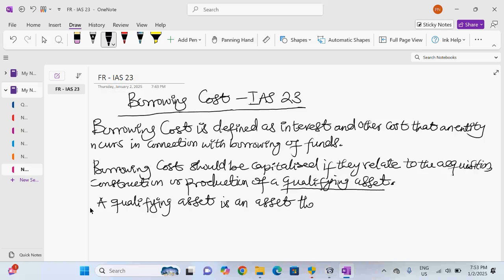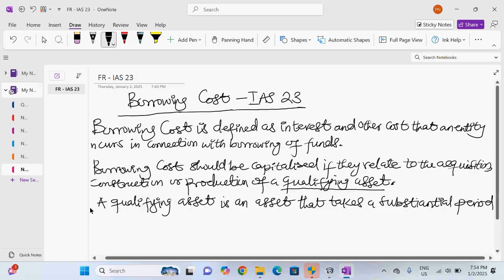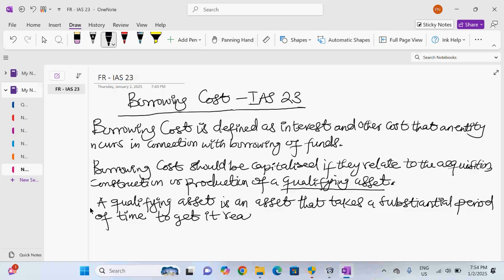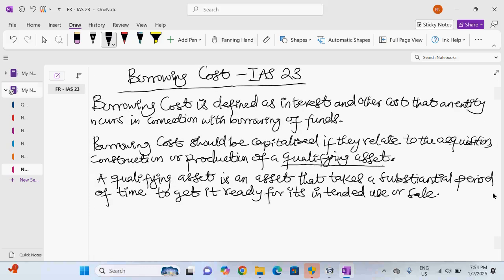It's an asset that takes a substantial period of time to get ready for its intended use or sale. That is a qualifying asset.